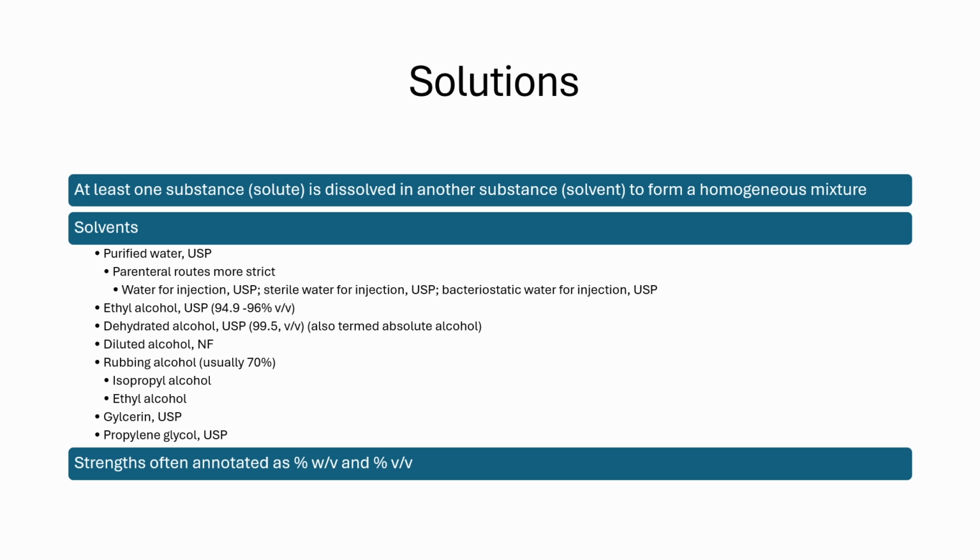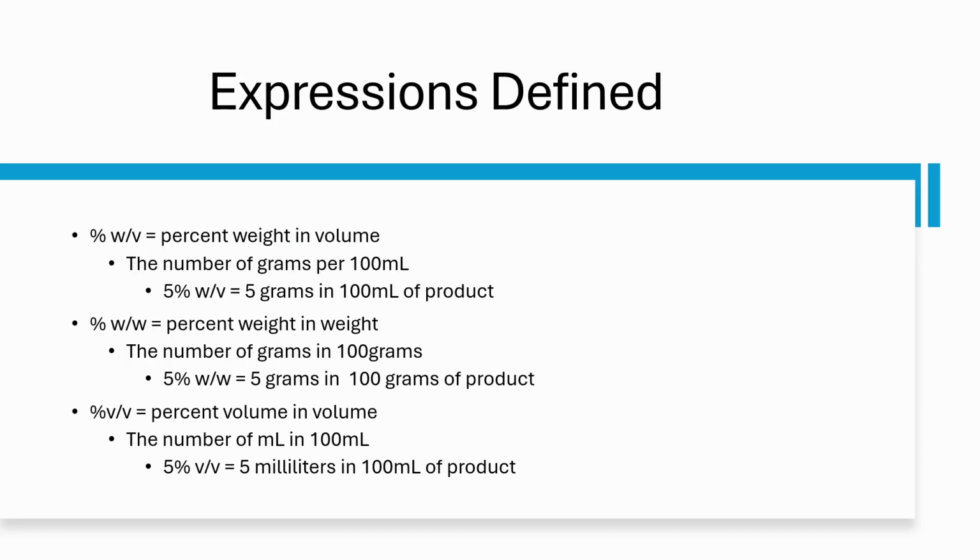Strengths for solutions are often notated as weight in volume and percent volume in volume. A percent weight in volume is the number of grams per 100 mL. So that means a 5% weight in volume equals 5 grams of medication in 100 mLs of the actual product volume.